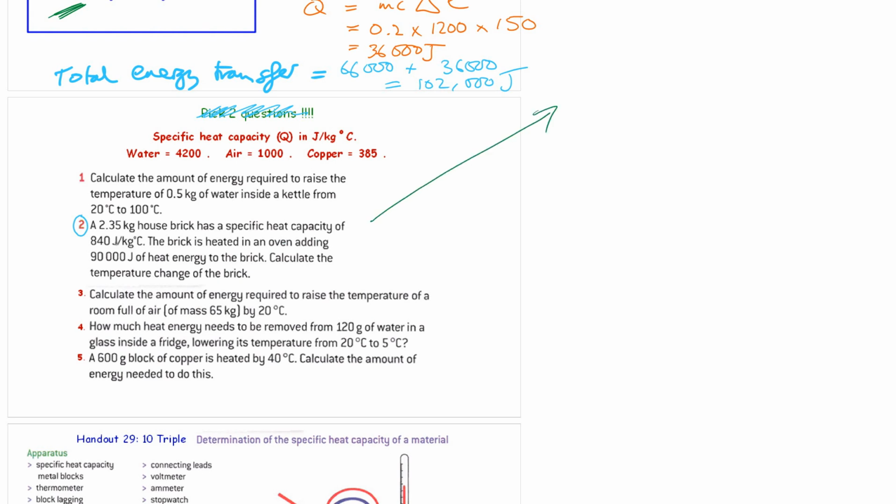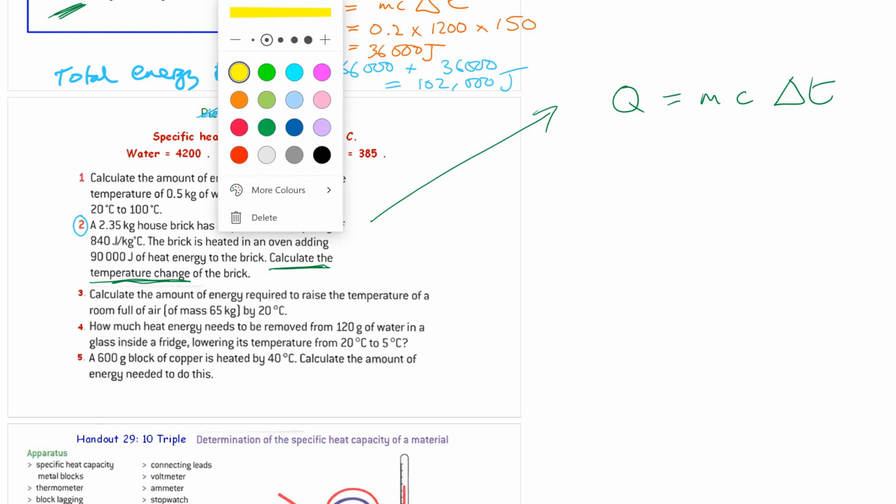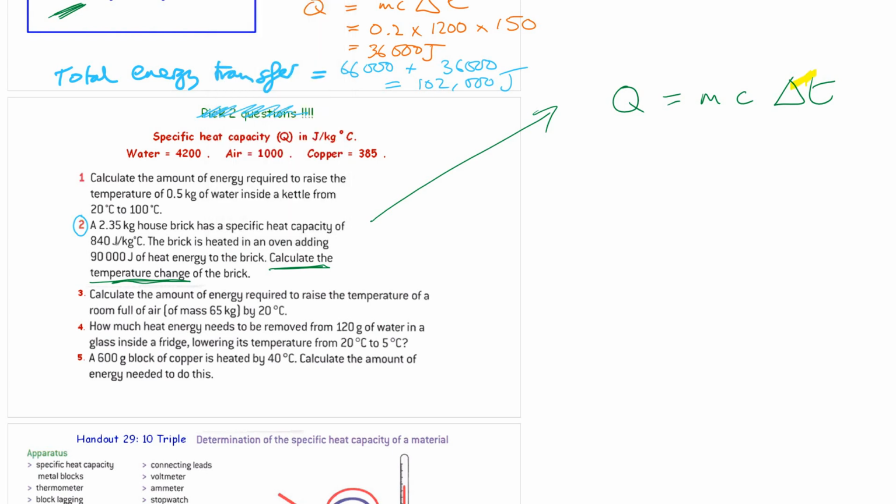Up here, we've got this equation, Q equals MC, change in temperature. Now I can see straight away that it's asking us to calculate the temperature change. So what I've got to do now is put the change in temperature on its own.